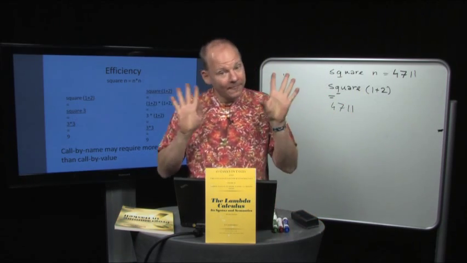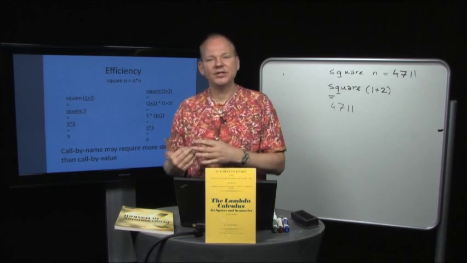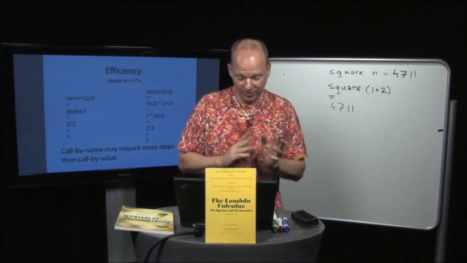So call by value in certain cases is more efficient. It takes fewer steps than call by name, but definitely not always.